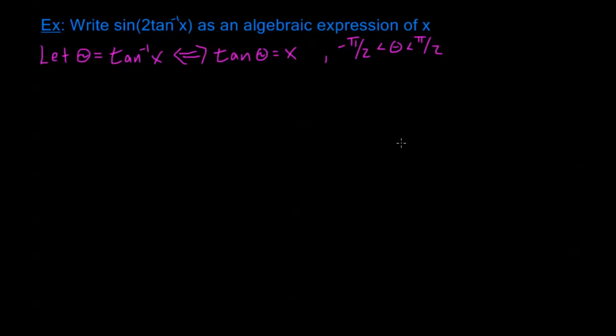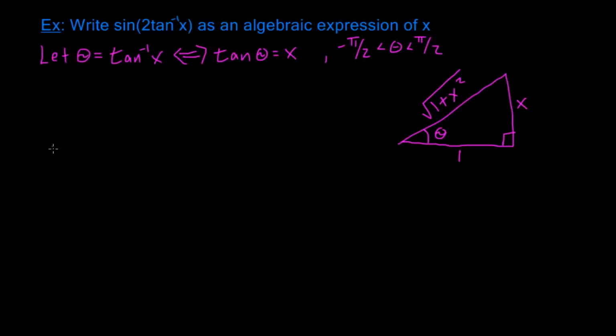So now we can make a triangle. Call this my theta. I have that tangent of theta equals x, so my opposite is x, my adjacent is 1, and my hypotenuse then is going to be the square root of 1 plus x squared. And now we're ready to go.